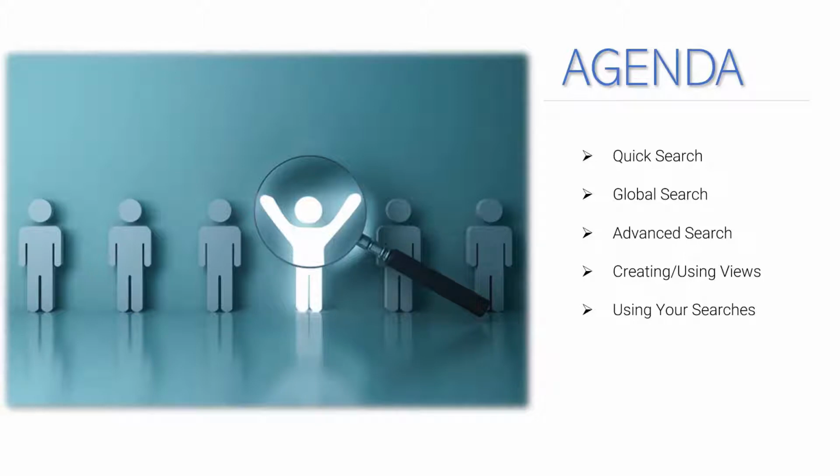Advanced search, which has different forms for searching. You have a form filter, a standard filter, a time filter, and a product filter if you're using products and services in the database. And the advantage to using the advanced search is that you can save your searches, or you can save your filters once you've got it set up and working.